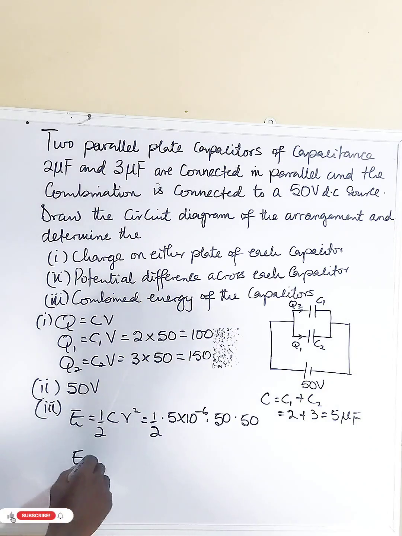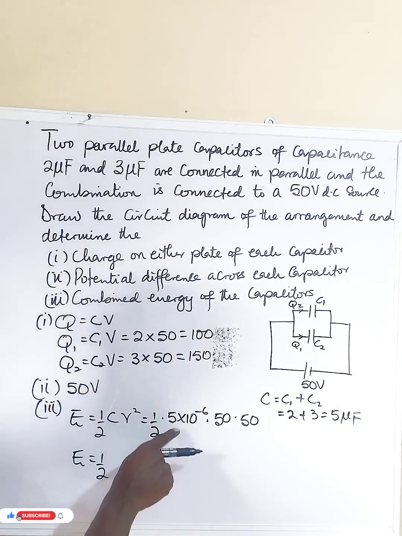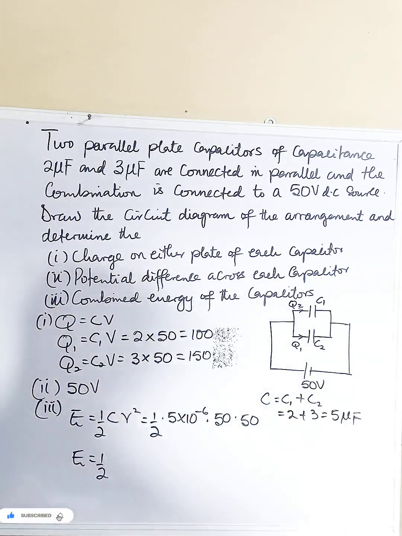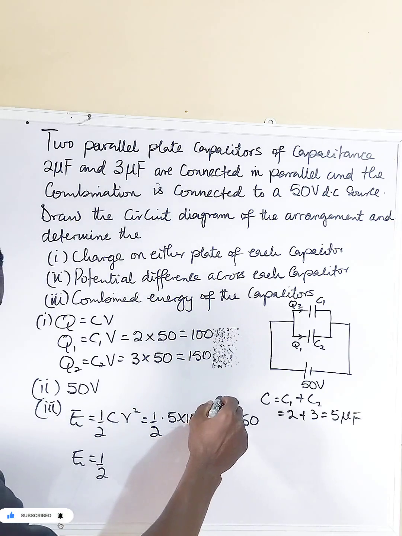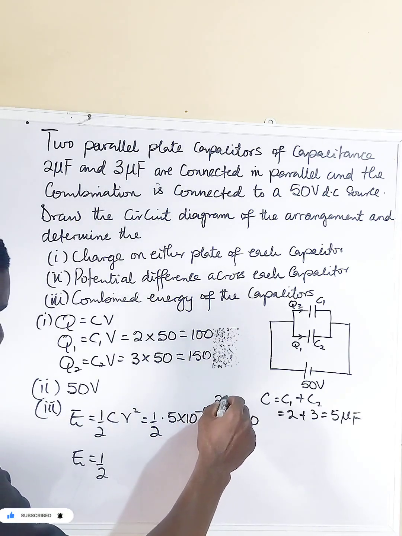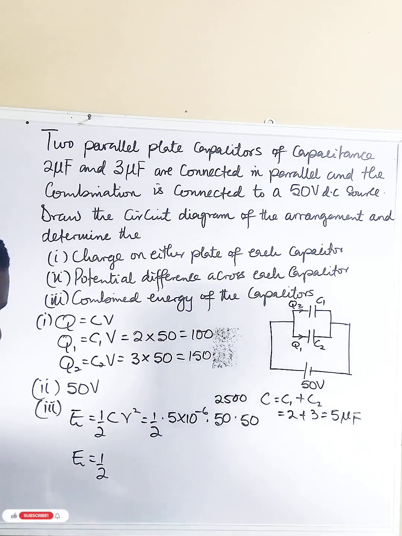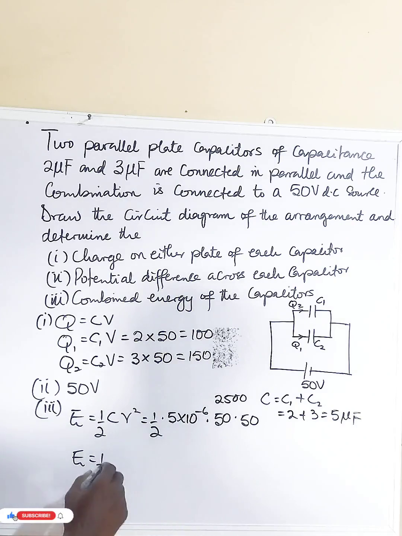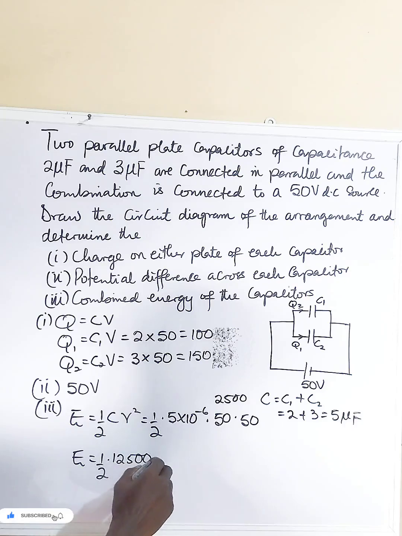So here we have 1 over 2, 5 times 50 times 50. 50 times 50 will give us 2500. Now 5 times 2500 should give us 12500, times 10 to the power minus 6.